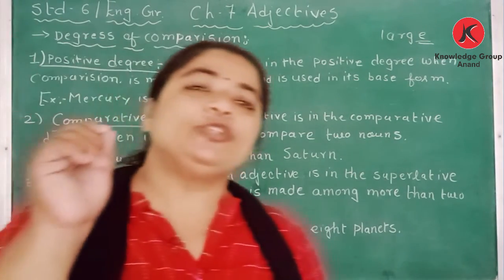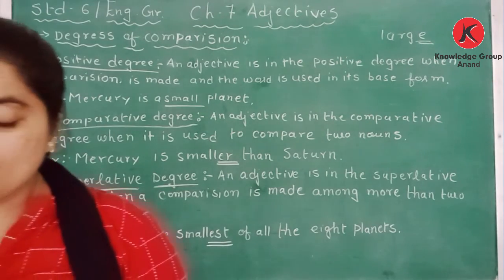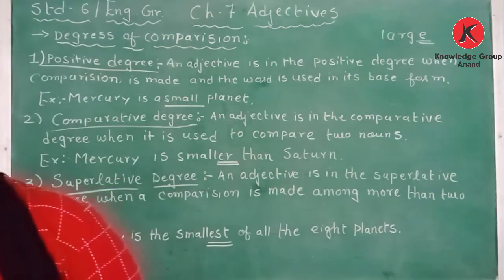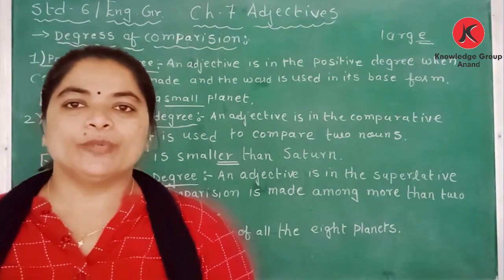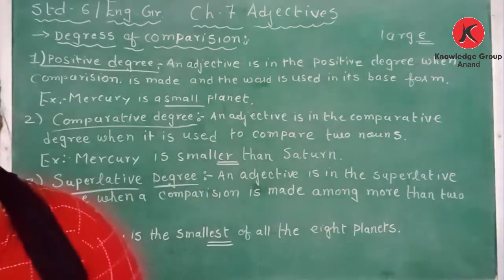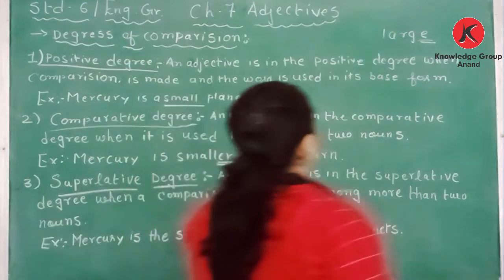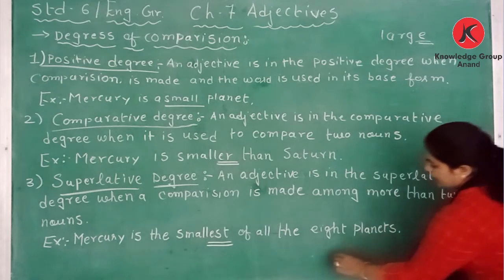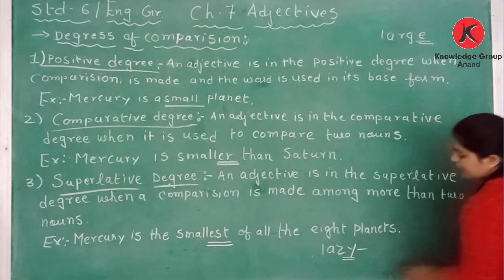The rule number 2 of the degrees of comparison is that for adjectives ending in Y, the Y is changed into I, same like from singular to plural. The word here is lazy. Here Y is there.